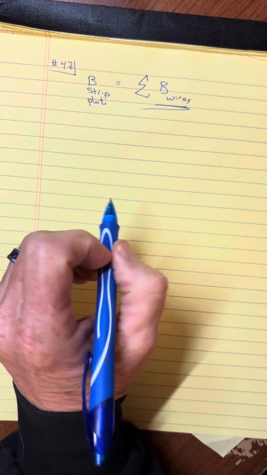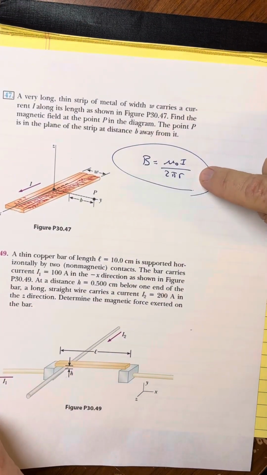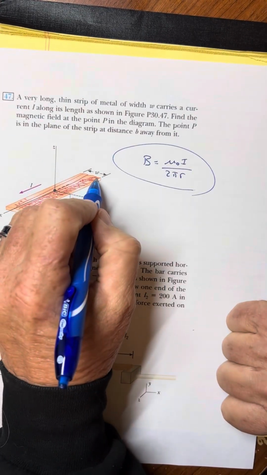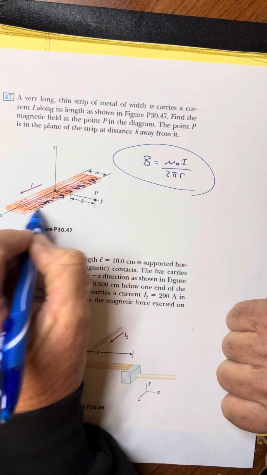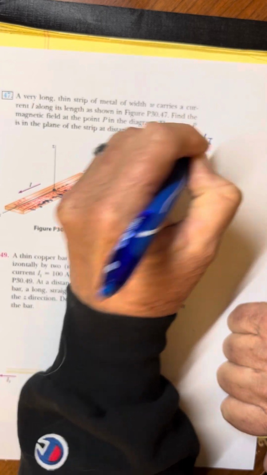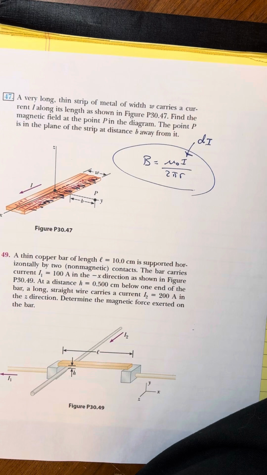So if I begin by taking this equation for a wire and think of this small little strip, whether it's the closest one or the further one, I'll just say it's made up of a microscopic amount of current, let's call it dI.